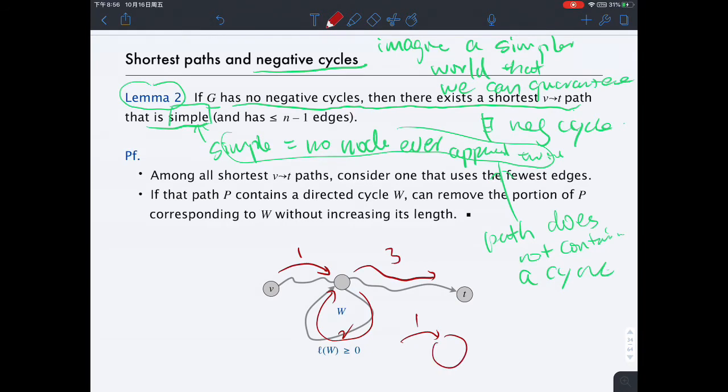So the path over here, step 1, step 2, and step 3, this is an example of a non-simple path.